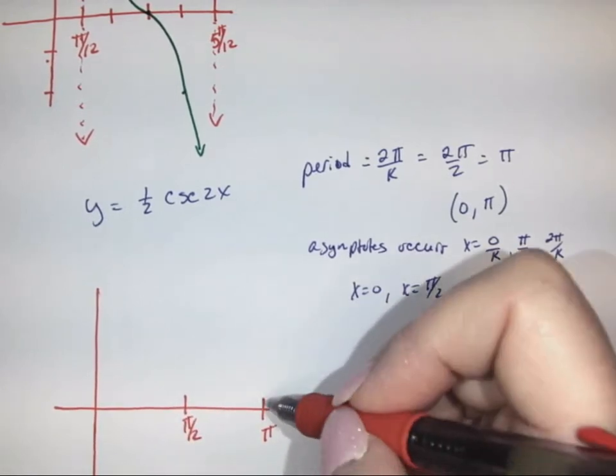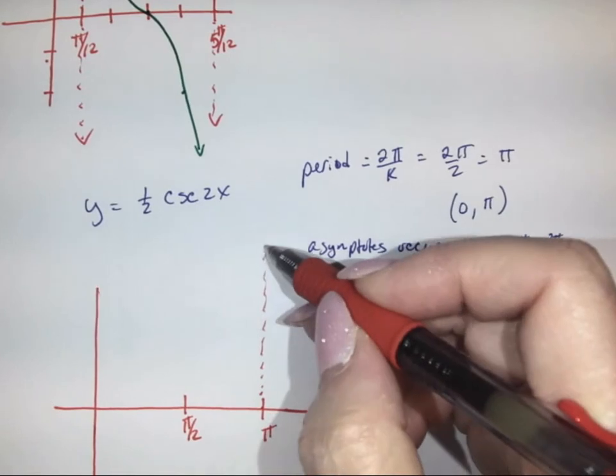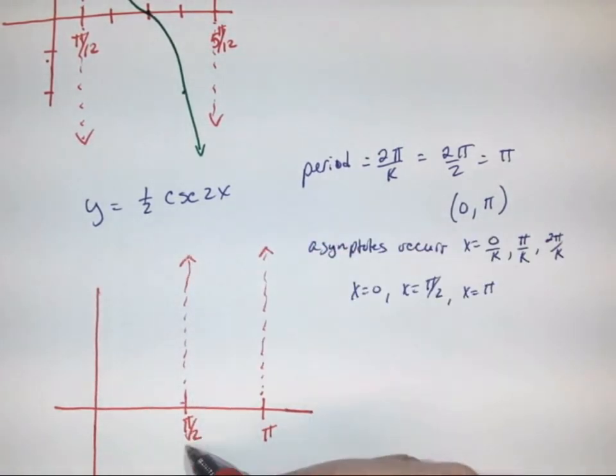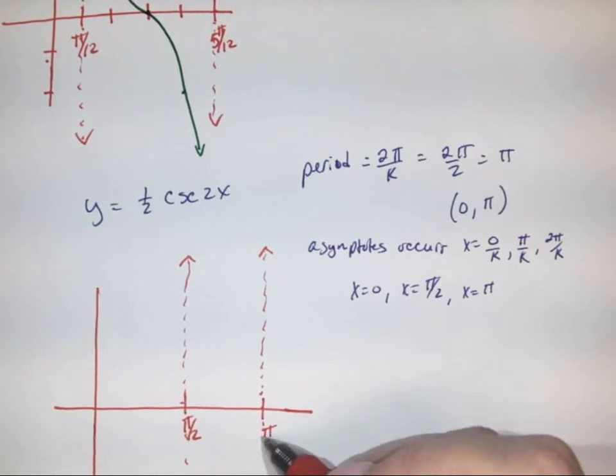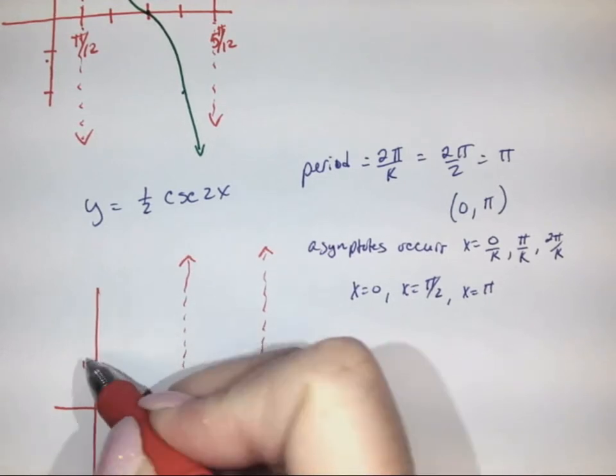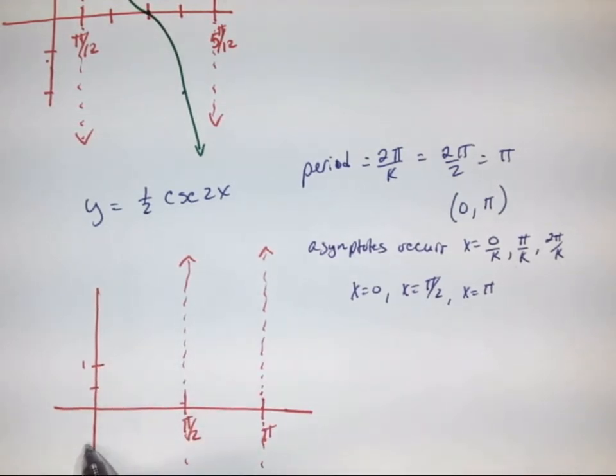Both of those will be asymptotes. And then we're at 1/2. So we'll have 1, so there'll be 1/2. This would be -1, so there we're at -1/2.